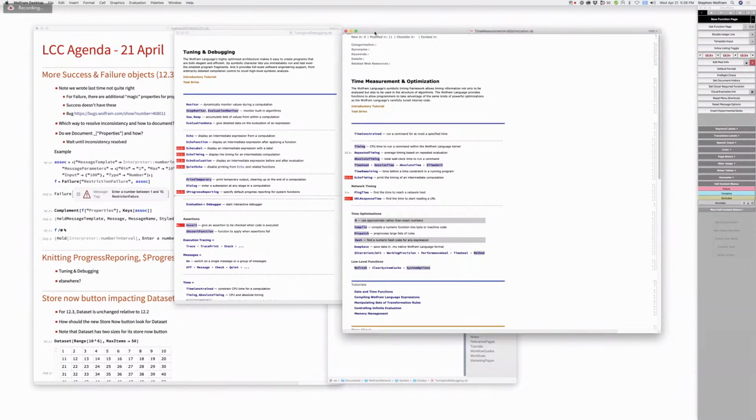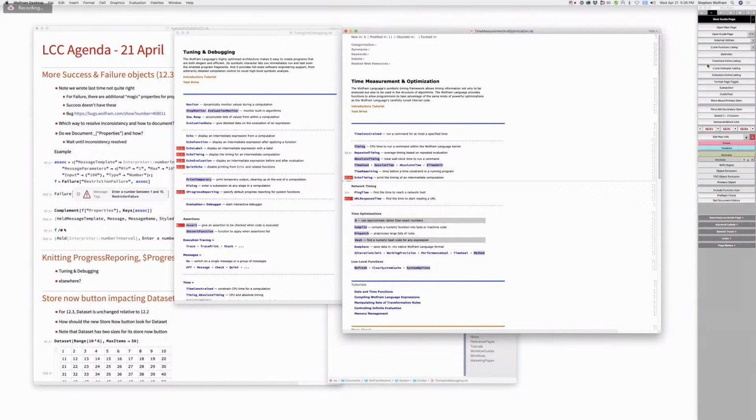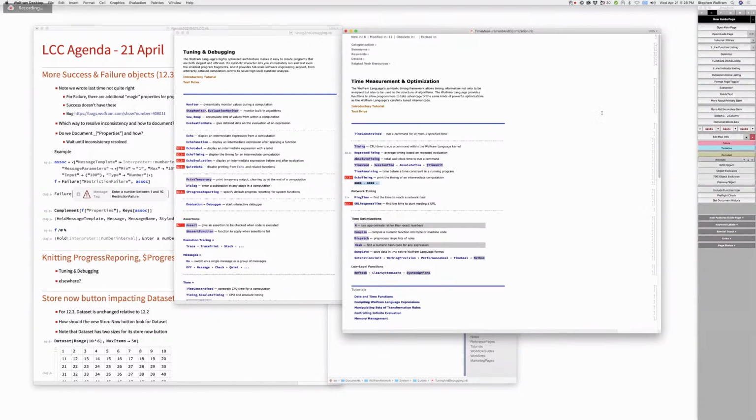Okay, here. So maybe, I kind of feel like what we can do here is just say progress reporting and dollar progress reporting.